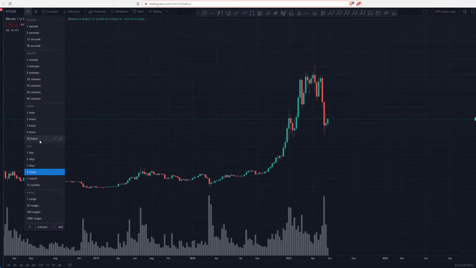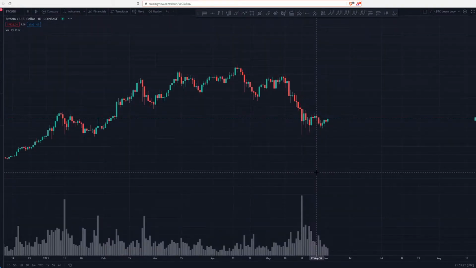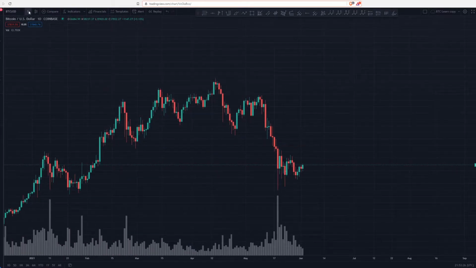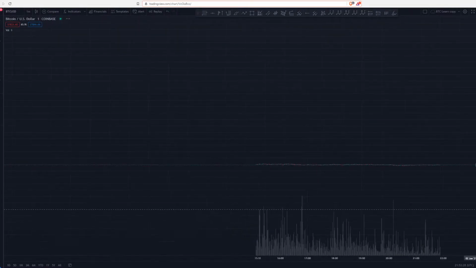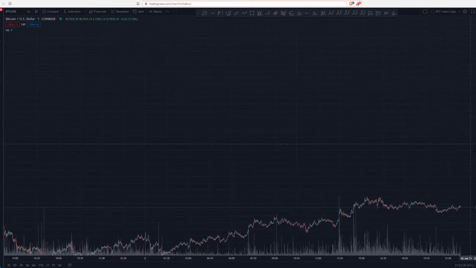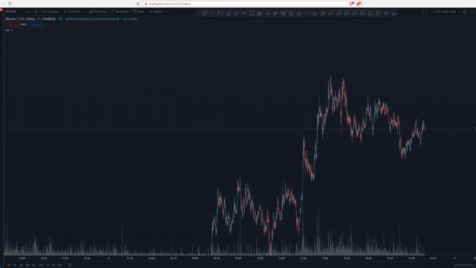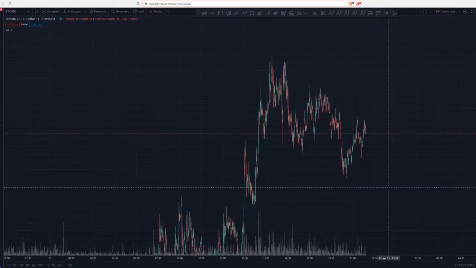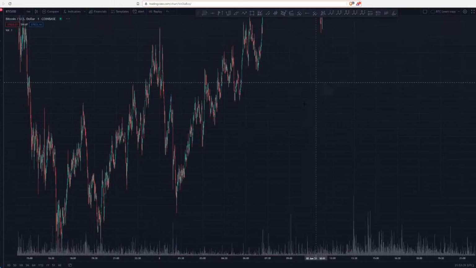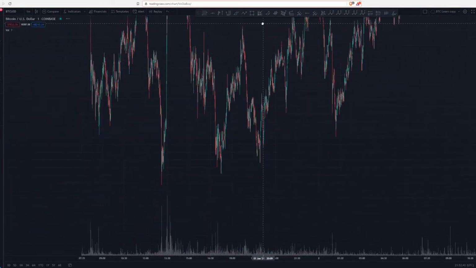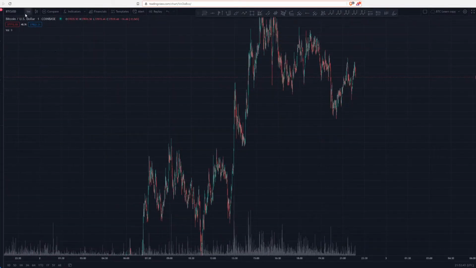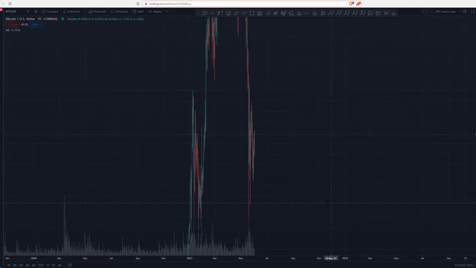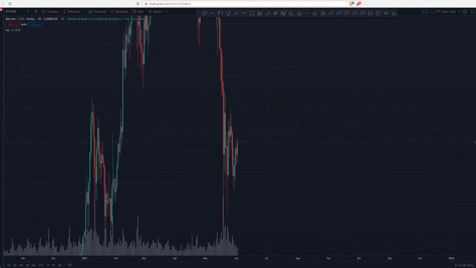But if you look on the daily and zoom in, we've gone down a lot. And on the 1 minute, we're going sideways, essentially, but we're actually in a massive 1 minute uptrend right here. But a 1 minute uptrend does not trump a daily downtrend, if that makes sense.